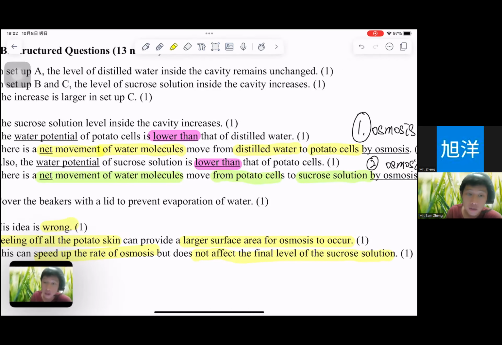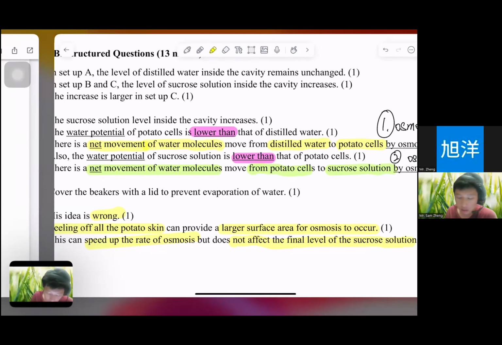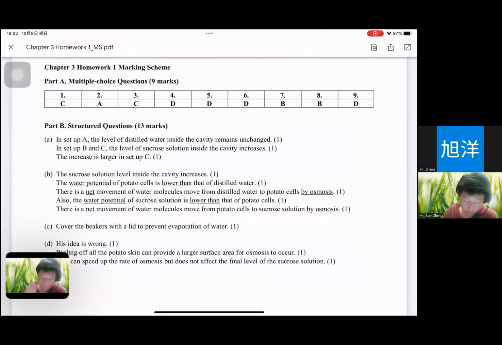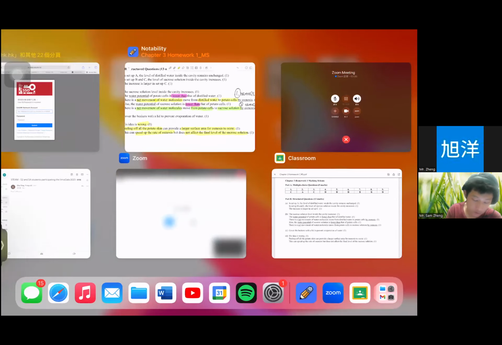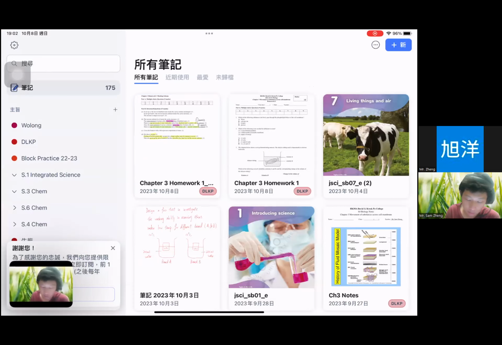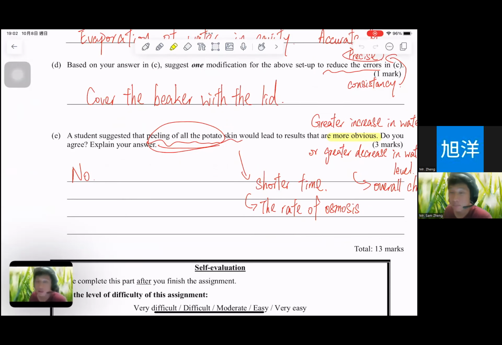I understand this is a little bit difficult for you to think of the answer, but it is still fine if you get it wrong, because it is related to the experiment settings or modifications.